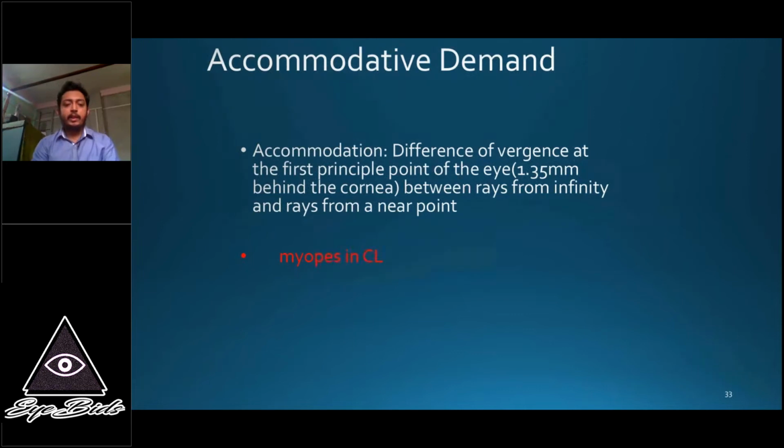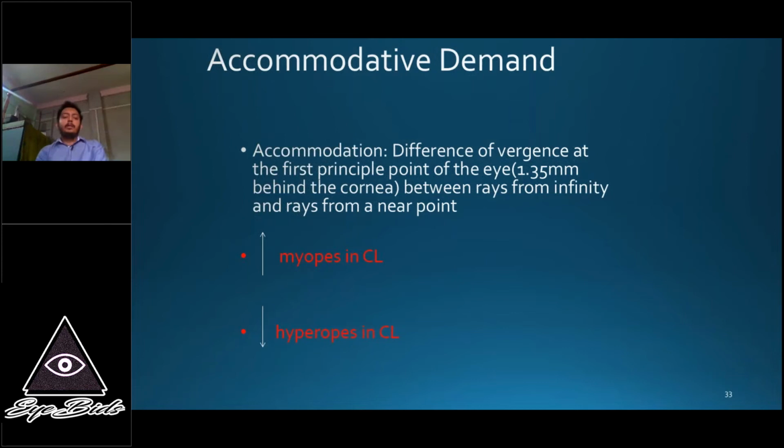What happens in contact lens wear: if a myopic patient is wearing contact lenses, the demand of accommodation will increase, and for any hyperope wearing contact lenses, the demand of accommodation will decrease. So we are talking about how much accommodation a myopic patient wearing contact lenses will need. For them the demand will increase, and for the hyperope the demand will decrease.